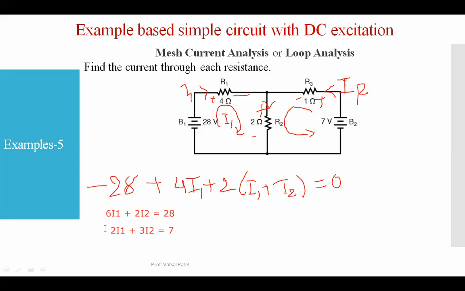Now we can simplify them. You multiply the second equation by 3, and then subtract it from the first. So 6I1 minus 6I1 will cancel out. Then 2I2 minus 9I2 is minus 7I2, equal to 28 minus 21. So you can identify the I2 component with the minus sign, right?